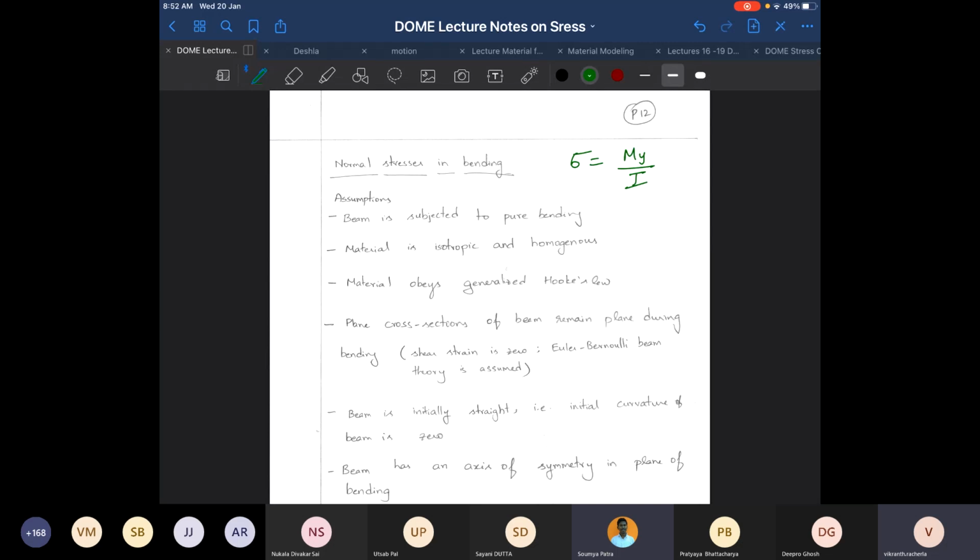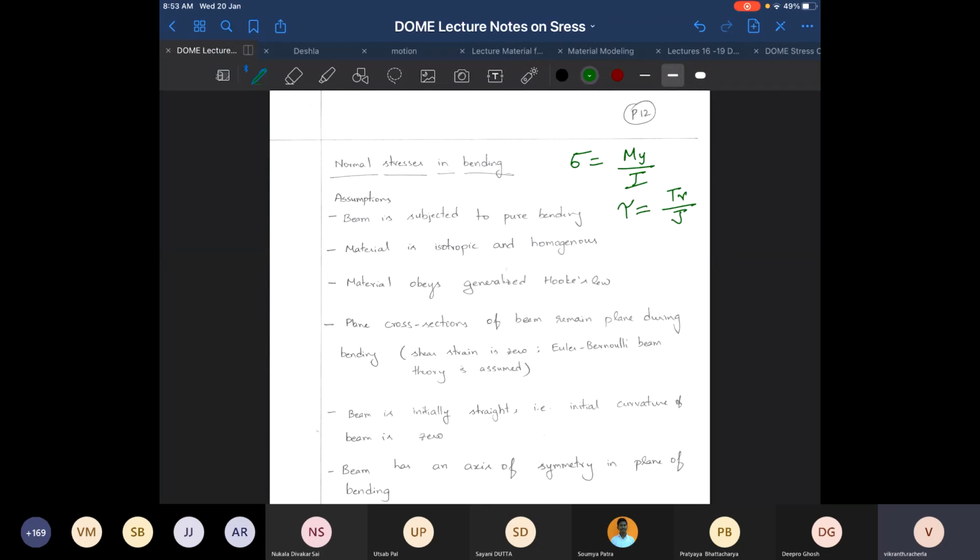I think TR by J. Most of you are sleepy. Tau is equal to TR by J. So if you know the torque acting at a particular point along the beam or bar, the radius from the neutral axis, and the polar moment of inertia, then you can find out the shear stress.